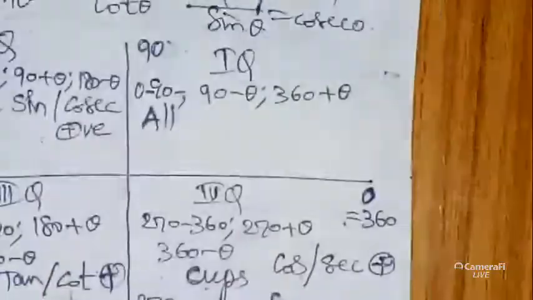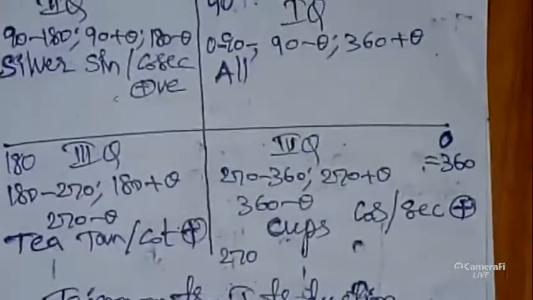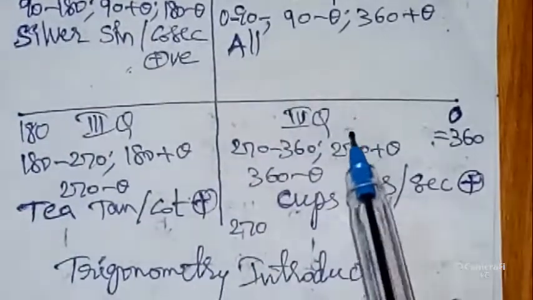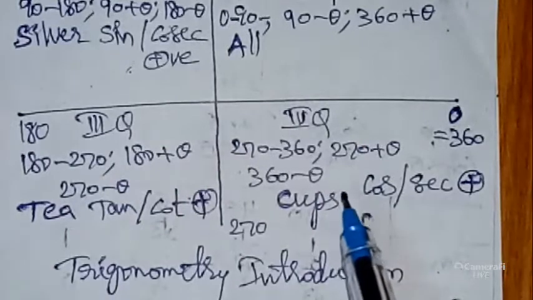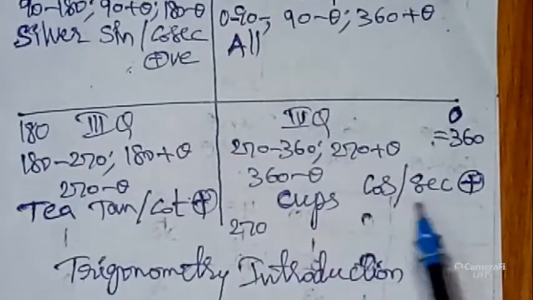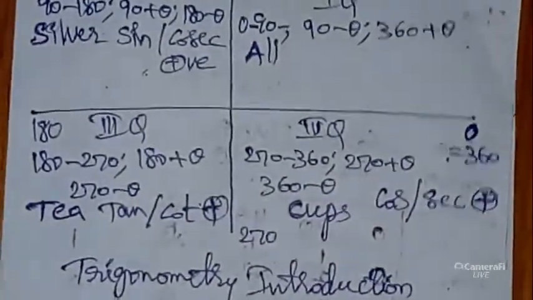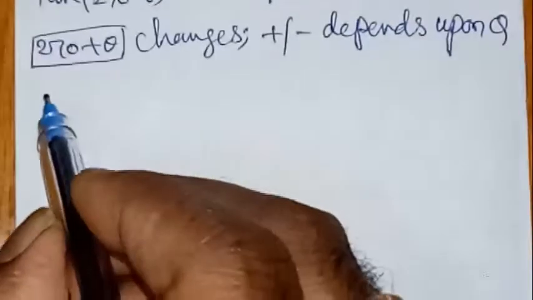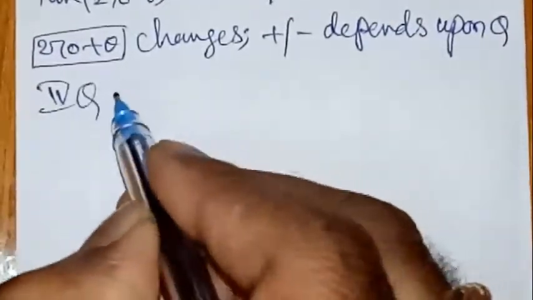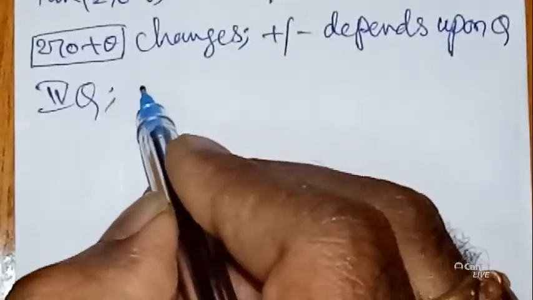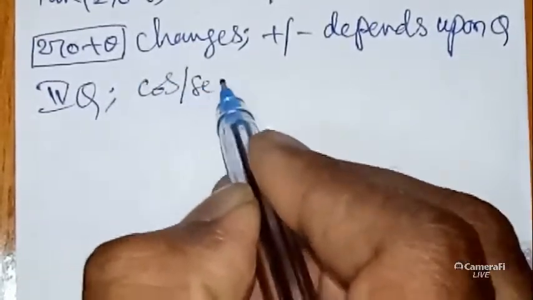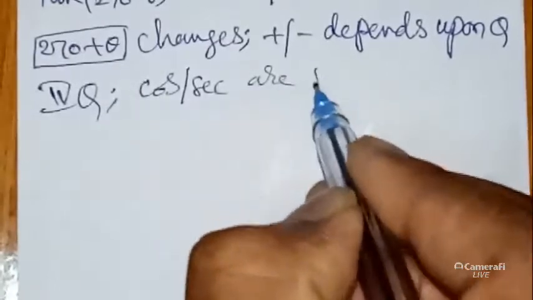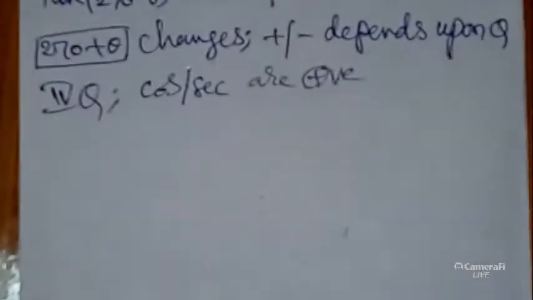One second, we will go and check it. 270 plus theta means fourth quadrant. So here cos and secant are positive. Now I wanted to use the same part here. 270 plus theta lies in the fourth quadrant, and in the fourth quadrant cos and the reciprocal of cos, secant, are positive.